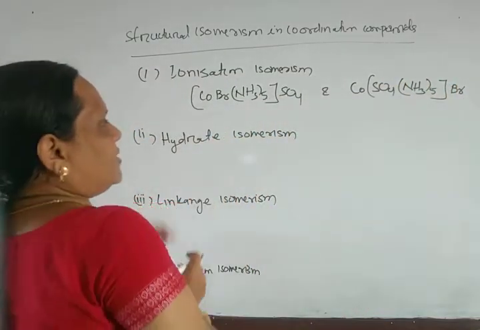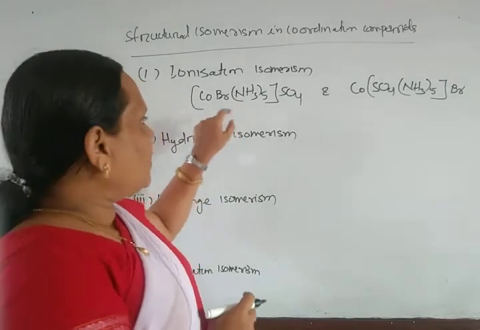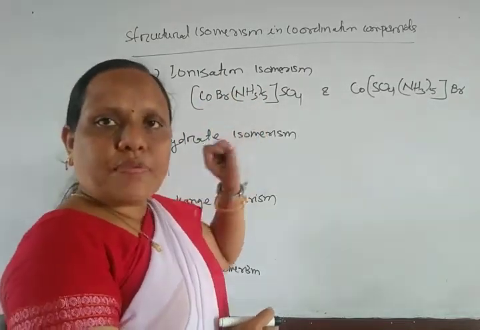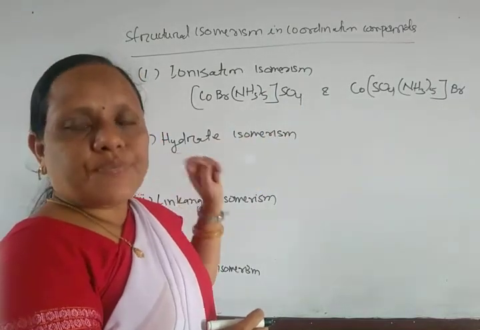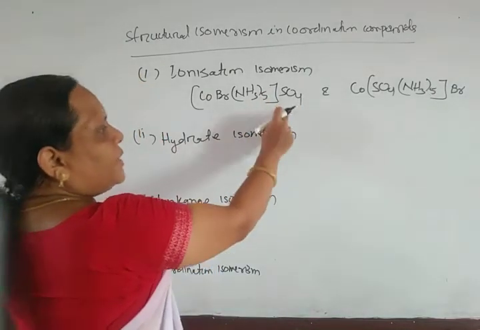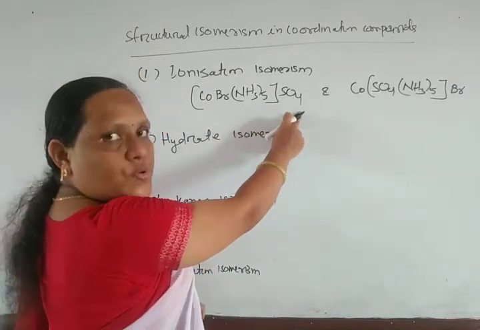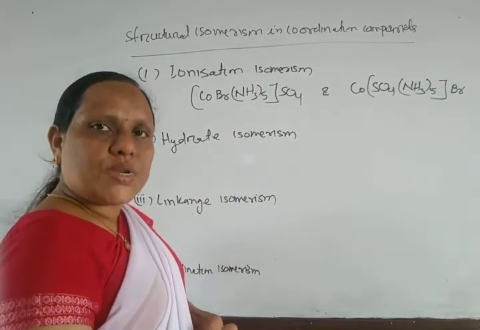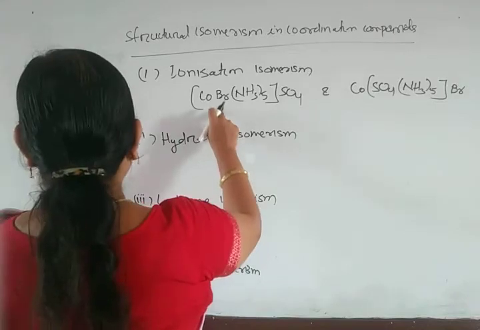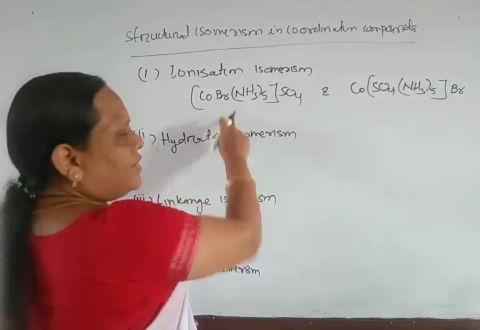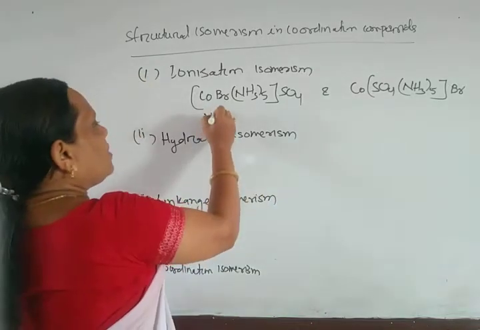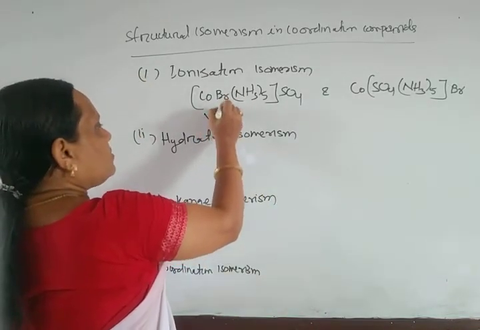Actually, this is the same molecular formula: one cobalt atom, one bromine atom, 5 ammonia molecules, and 1 sulfate ion in both cases. But in one the sulfate ion remains outside the coordination sphere, and in the other the bromide ion remains outside the coordination sphere. This one has a violet color in aqueous solution.